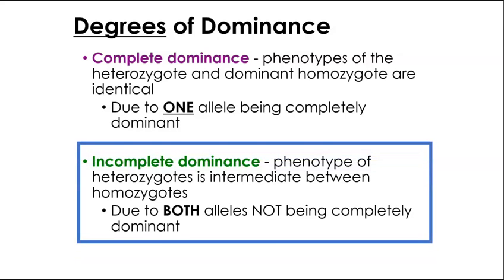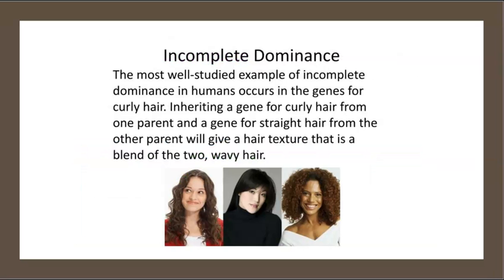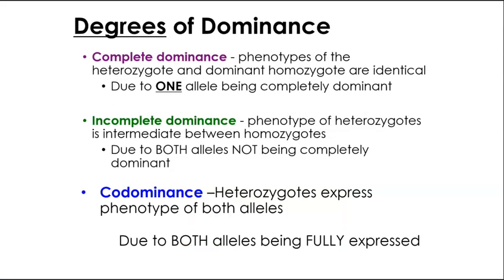The most well-studied example of incomplete dominance in humans occurs in the genes for curly hair. Inheriting a gene for curly hair from one parent and a gene for straight hair from the other parent will give a hair texture that is a blend of the two, which is wavy hair. So as you can see, both alleles are not completely dominant.